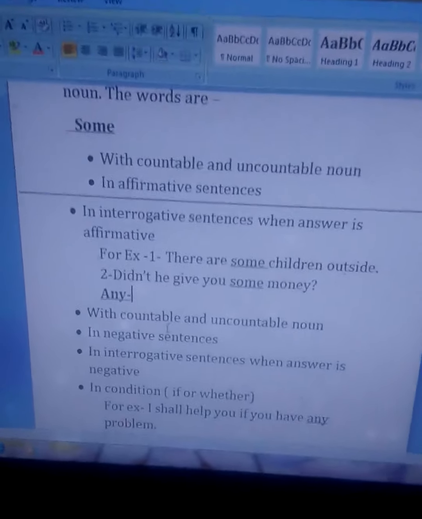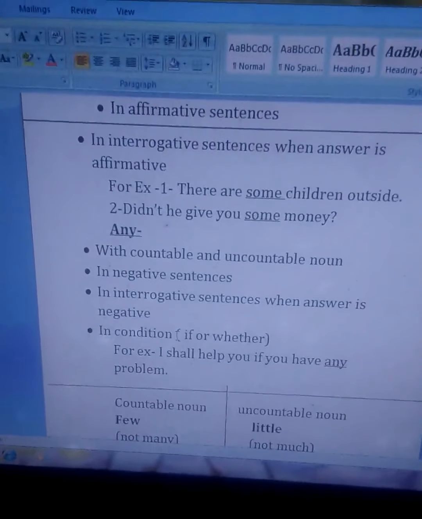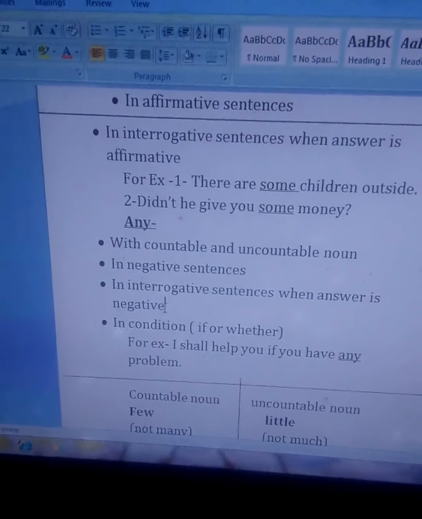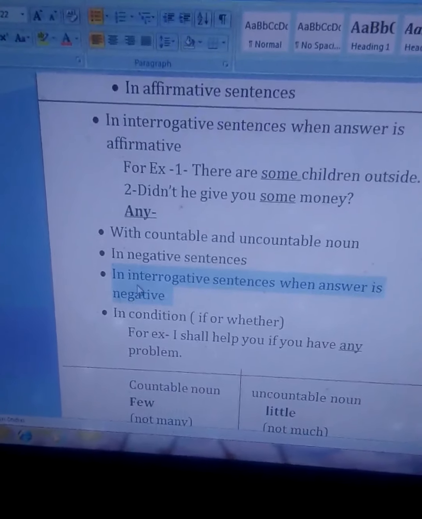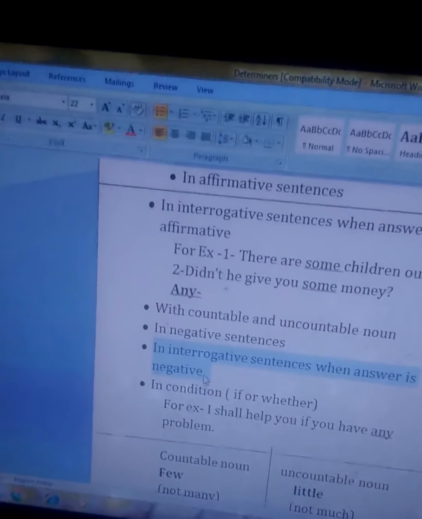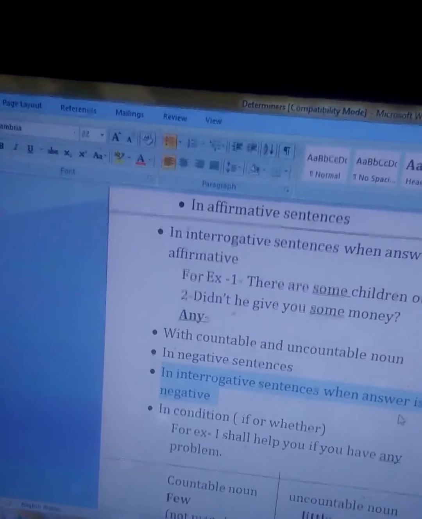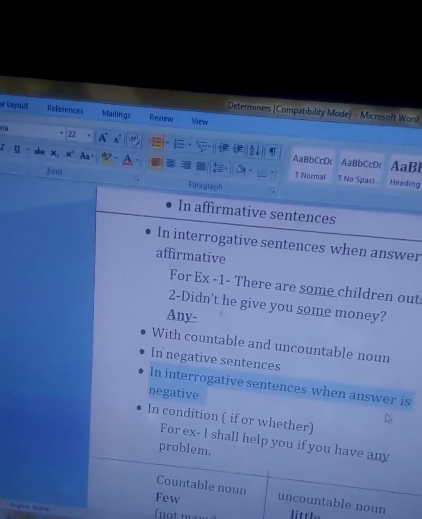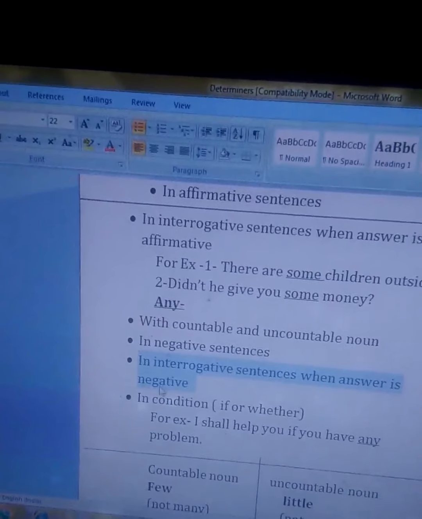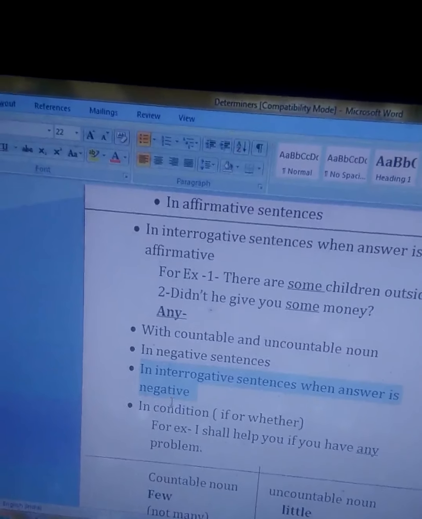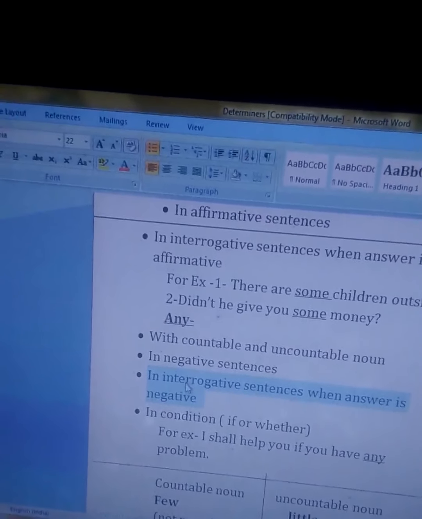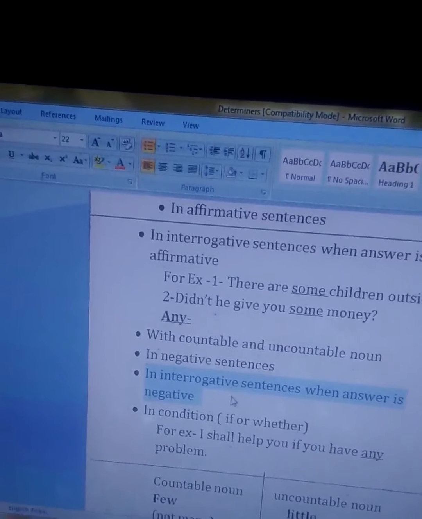And any is used in an interrogative sentence when the answer is negative. We should remember this, some and any. Some is used in affirmative sentences, any is used in negative sentences. Some is used in interrogative sentences when the answer is positive.